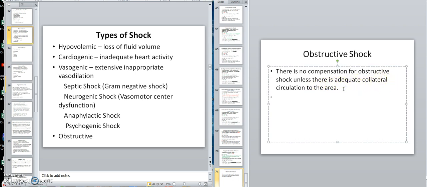Which means, let's say, the main blood vessel got closed off or decreased in patency. And let me tell you what patency means. How open. So if the main blood vessel got closed off, and so here's a word for you, occluded.